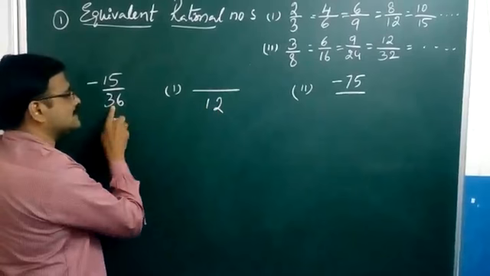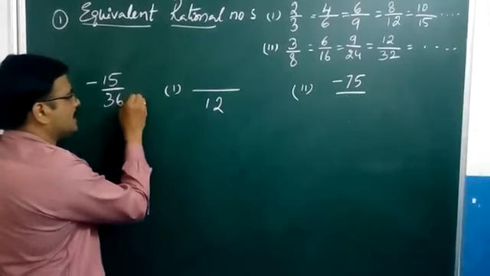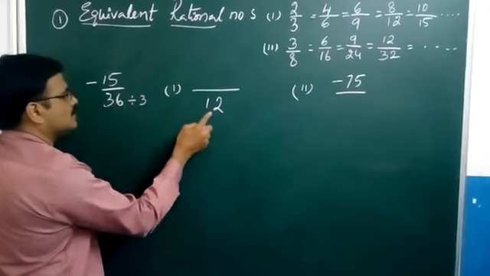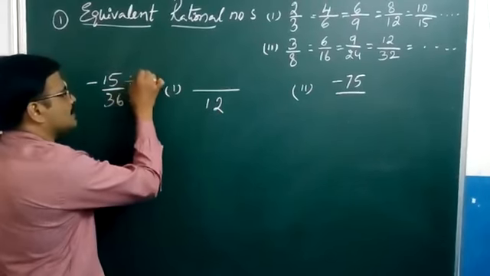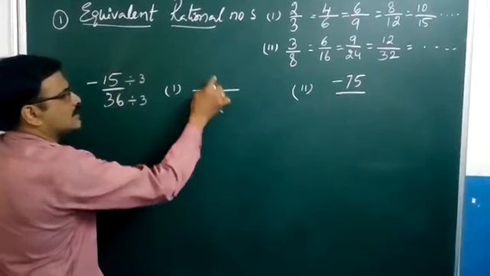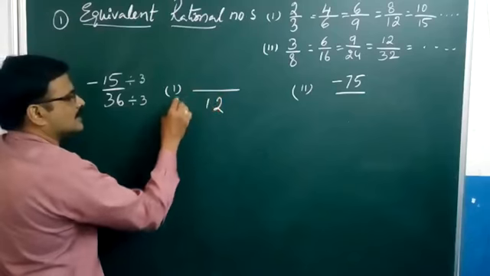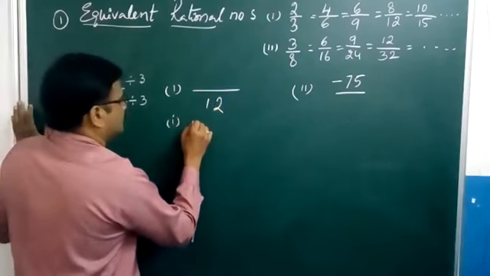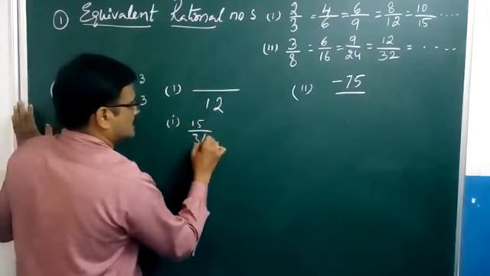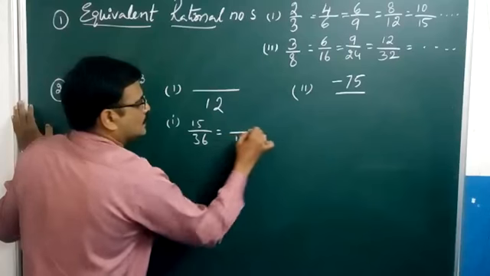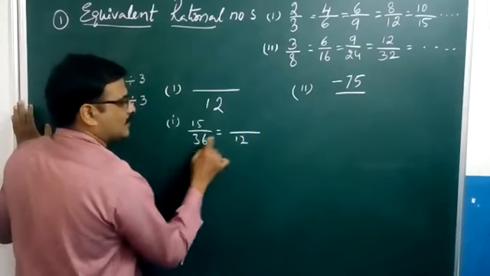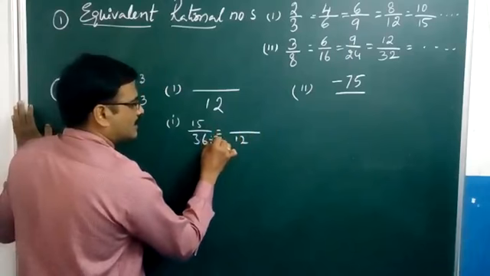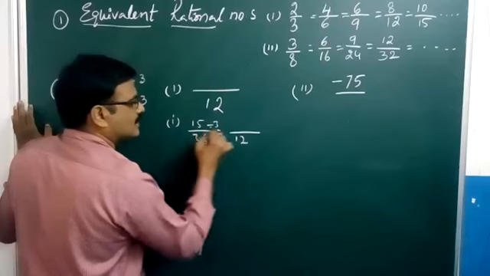So when you divide 36 by 3, you will get 12. So divide the numerator also with the same number, then you will get your value. That is, for the first question, 15 by 36 is equal to, with the denominator 12, the equivalent fraction with 12 can be obtained by dividing with 3.